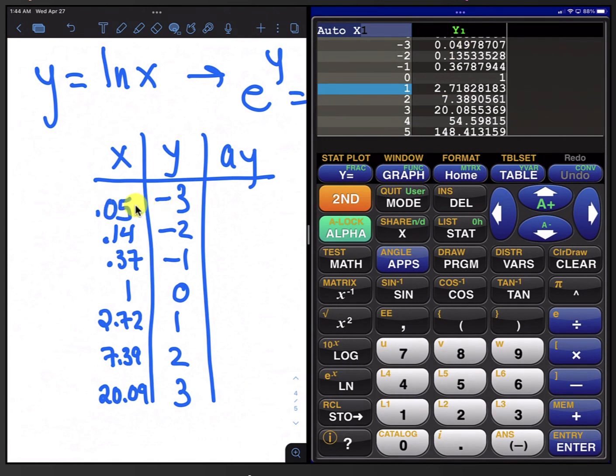The only difference is that these x's are actually our y's, and the y's that you see in the calculator are actually going to be the x's on the table. So when y is -2, x is going to be 0.14, which is what we have here. When y is -1, x is going to be 0.37, which is what we have here, and so on. We're just copying all the values that we see from the calculator.